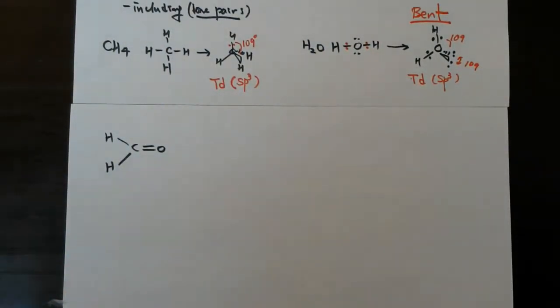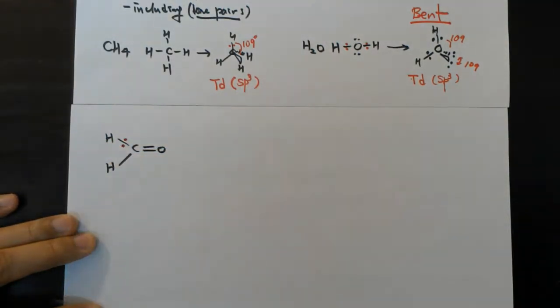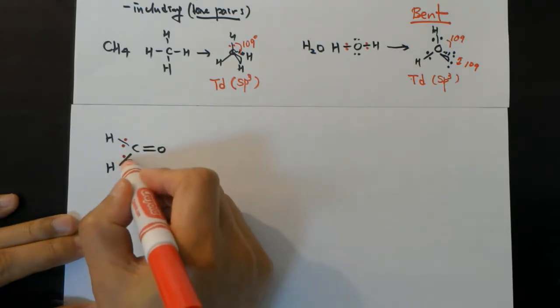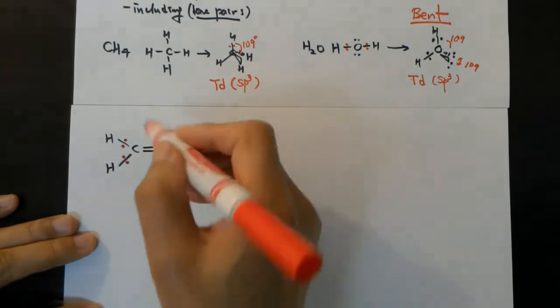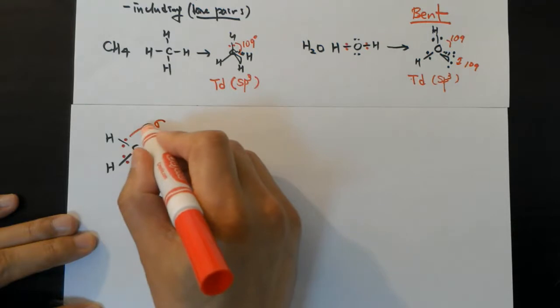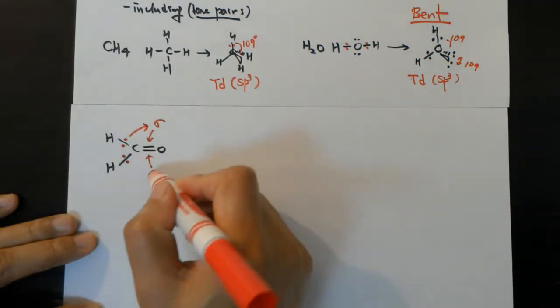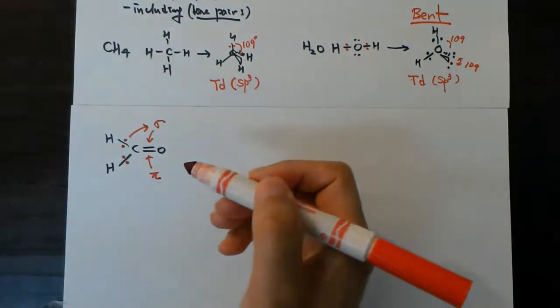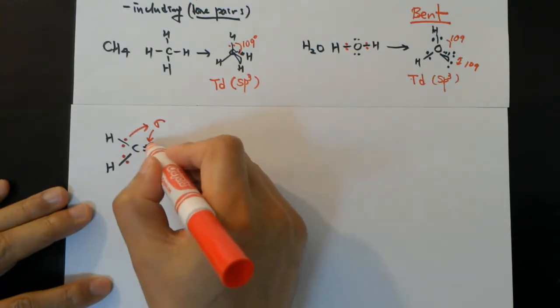Okay, let's talk about this molecule. This molecule has 2 electrons in this sigma bond, and this one also has a sigma bond, and the double bond consists of 1 sigma bond like the CH bond, and the other is a pi bond. Each bond still represents 2 electrons.